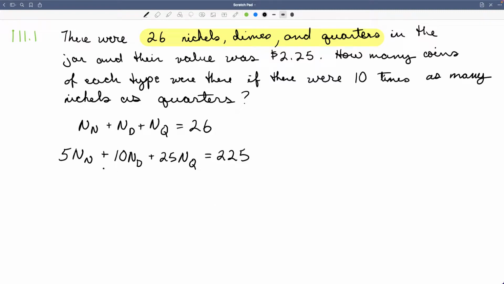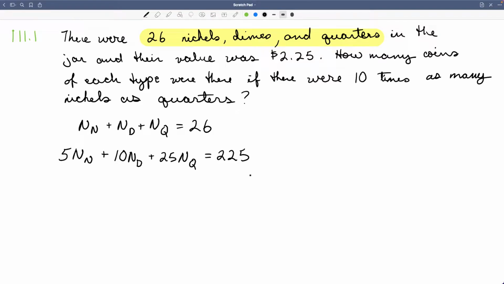Otherwise, we'd have to put this as 0.05, 0.10, 0.25, and then we could write that in the dollar format. It's just easier to do the math if everything is in a whole number instead of a decimal. So that is how we write the value statement.